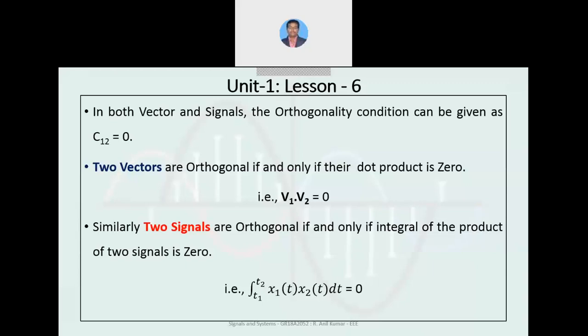Similarly for signals, if I can't express x1 of t in terms of x2 of t, then those signals are said to be orthogonal. As per the vectors condition, two vectors are orthogonal if and only if their dot product is 0. Similarly, two signals are orthogonal if and only if the integral of the product of the two signals is 0. That is, integral t1 to t2 x1 of t into x2 of t dt is 0.